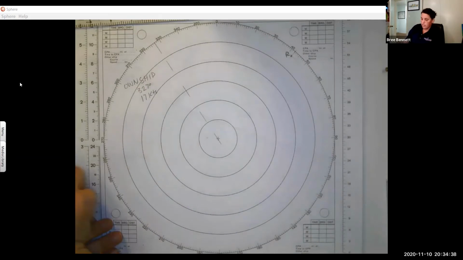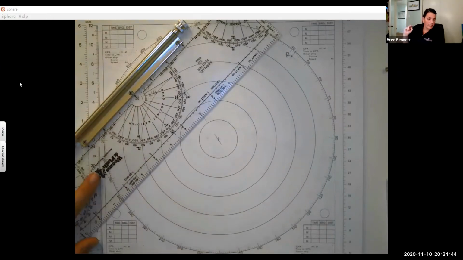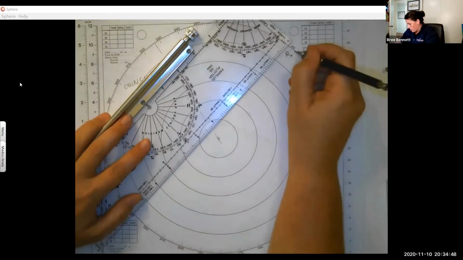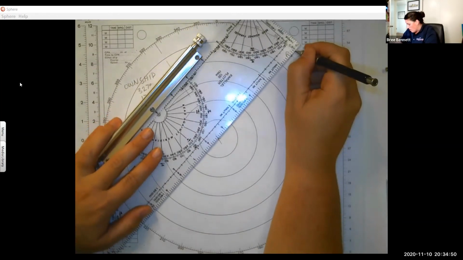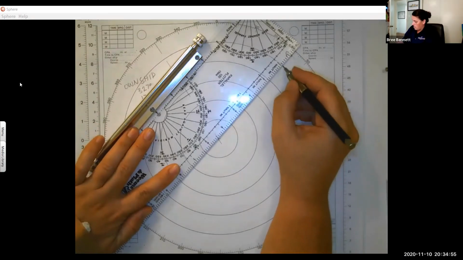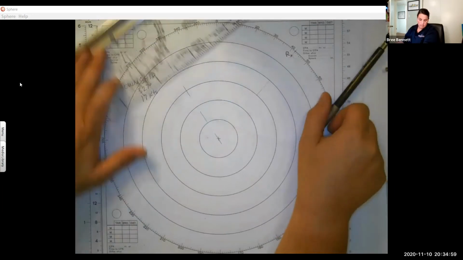6 minutes later, we get another range and bearing. Again, we're just pulling this off of the radar at 042 at 7.2 miles. So same bearing, but 7.2. So that's going to be 10, 8, somewhere along that line.